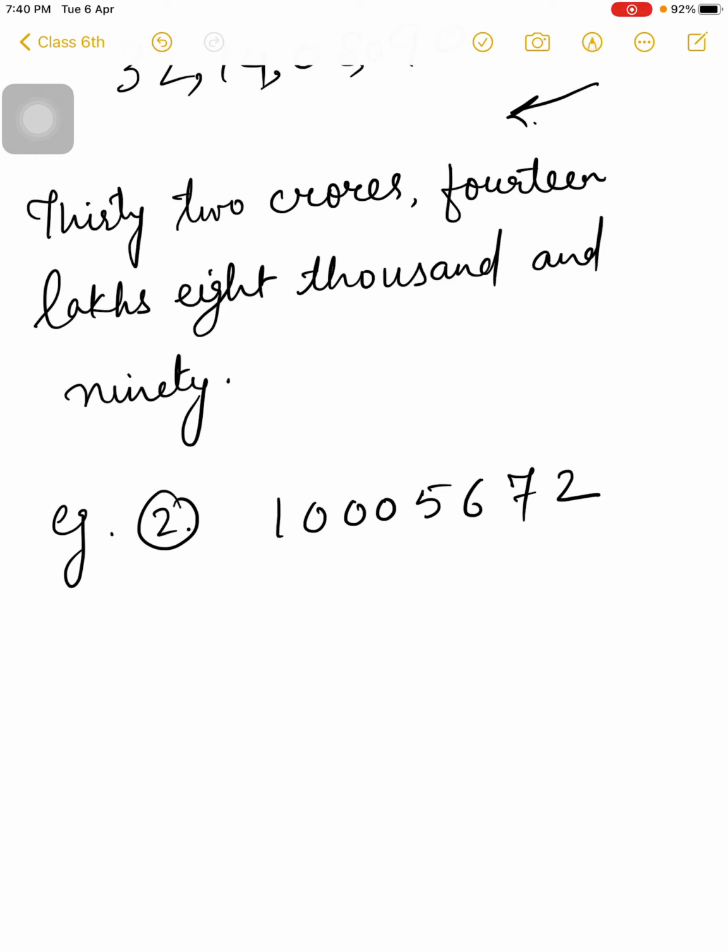First of all, we will write the place values: ones, tens, 100, 1,000, 10,000, then lakh, 10 lakh, crore. Now put the commas among the digits from right to left, 1 2 3, then 2 digits each.